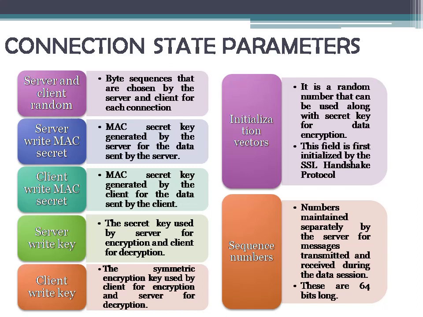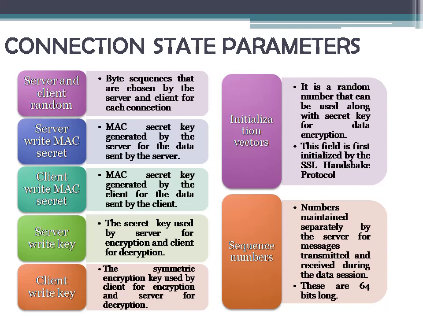It is the secret key used by the server for encryption and client for decryption. So what happens at the server side is encryption and what happens at the client is decryption. Next is the client write key, which is nothing but the symmetric encryption key used by the client for encryption and server for decryption. So it is just the opposite of server write key.